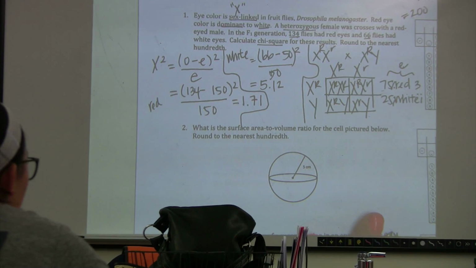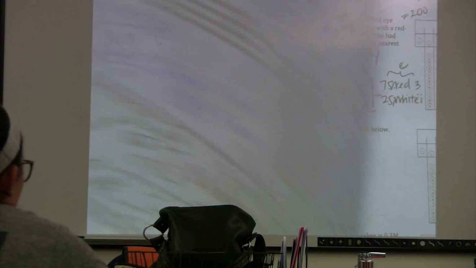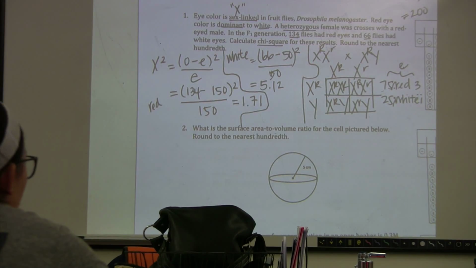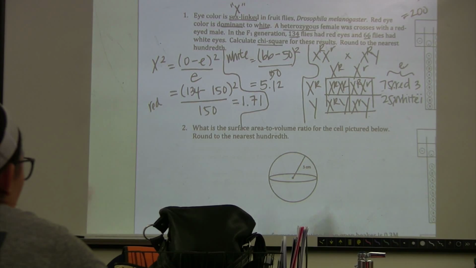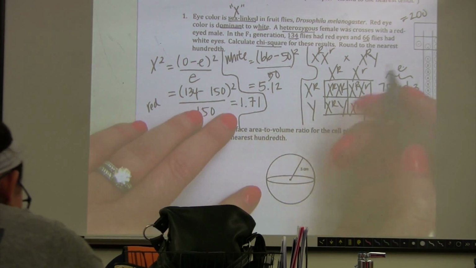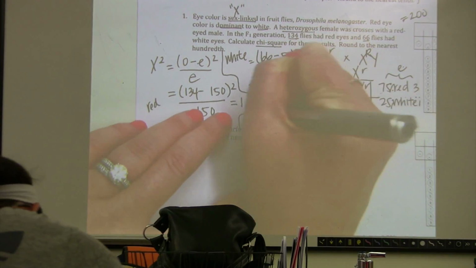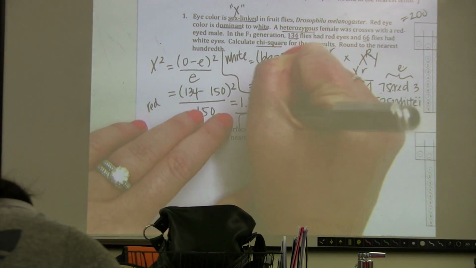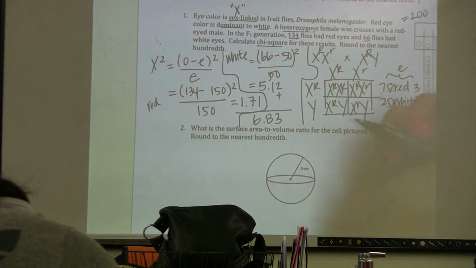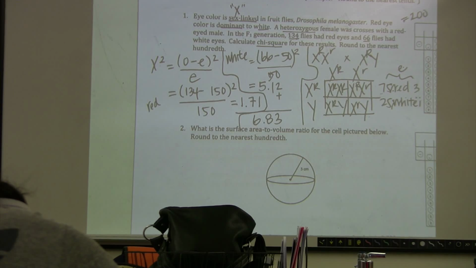So now we have these two values. What do we do with them, statisticians? We add them together. So we take 5.12 plus 1.71. What do they add up to? 6.83. Then what?